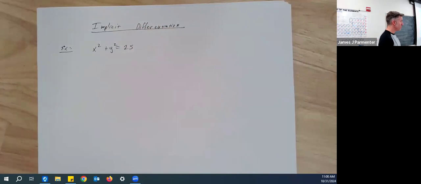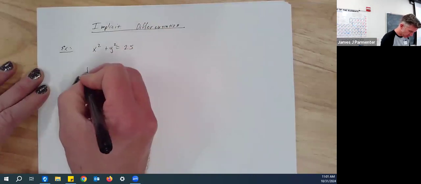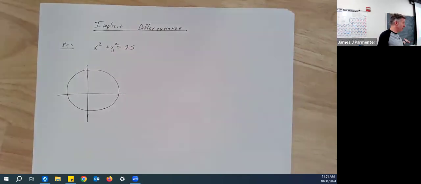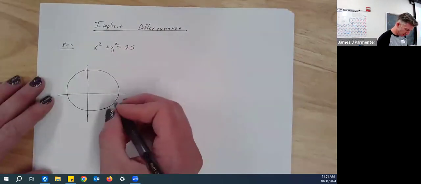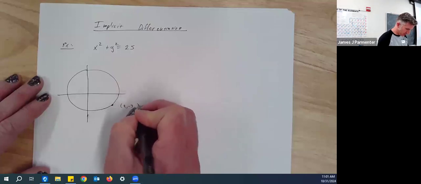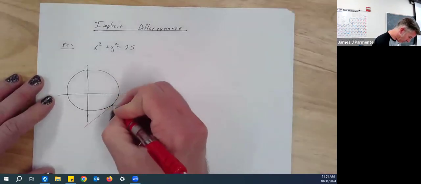The equation of a circle, certainly not a function, right? If you draw this, you can totally see that it fails the vertical line test. That doesn't mean you can't find the slope of a tangent line, though. So one way you can find the slope of the tangent line, let's look at the point 4, -3. I would love to find the slope of the tangent line right there.